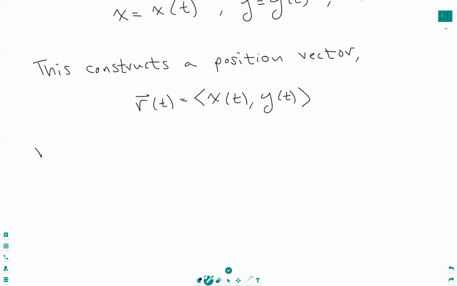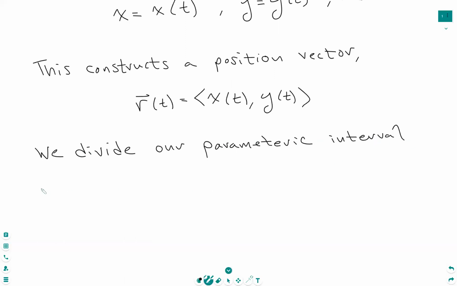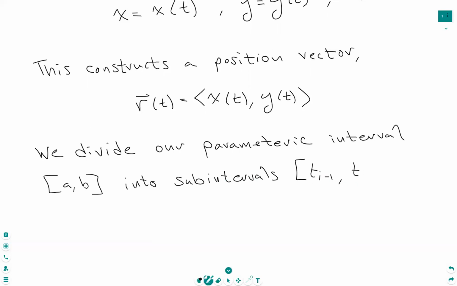So we divide our parametric interval a to b into subintervals, where these go from t_{i-1} to t_i.